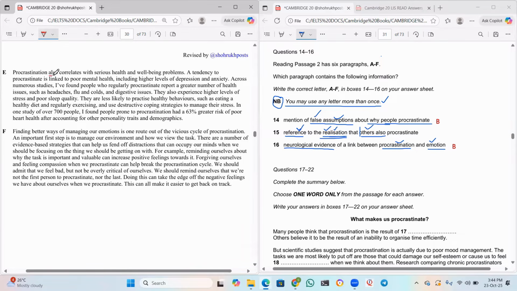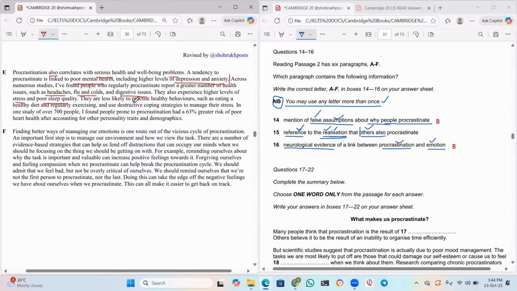Now, procrastination also correlates with serious health and well-being problems. A tendency to procrastinate is linked to poor mental health, including higher levels of depression and anxiety. Also, numerous studies have found people who regularly procrastinate report a greater number of health issues, such as headaches, flu and colds, and digestive issues. They also experience higher levels of stress and poor sleep quality.